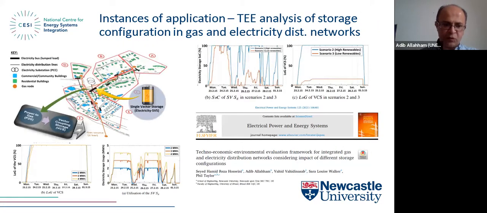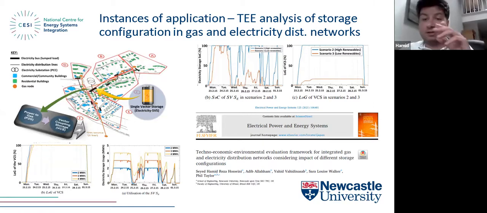In this paper, we introduce vector coupling storage. We take the energy from one vector and store it in another vector, and do some sensitivity analysis about the size of this storage, the impact on the TEE, and also considering different scenarios of renewable energy. Sorry for the interruptions. Thanks, Adib. Thanks, please, always.